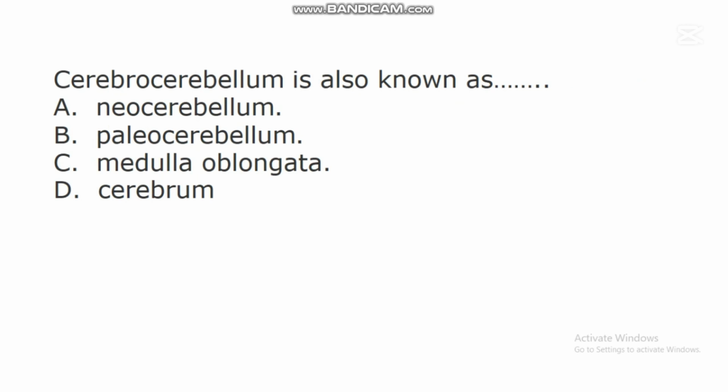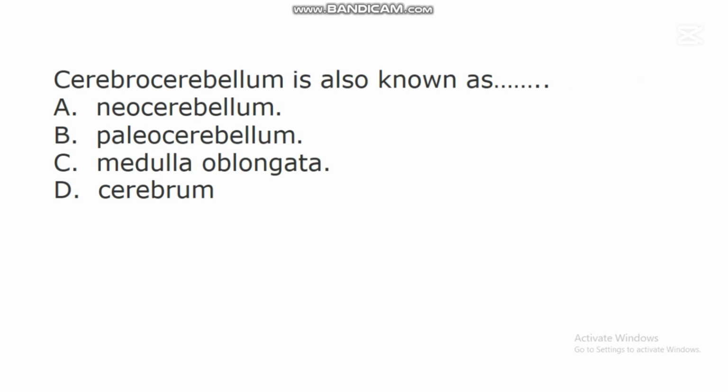The next question says, cerebellum is also known as dash. A. Cerebellum. B. Cerebellum. C. Medulla oblongata. D. Cerebrum.